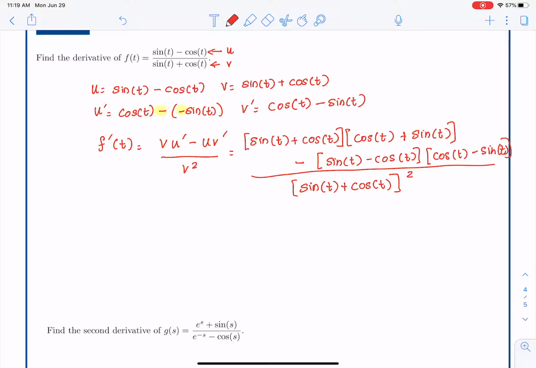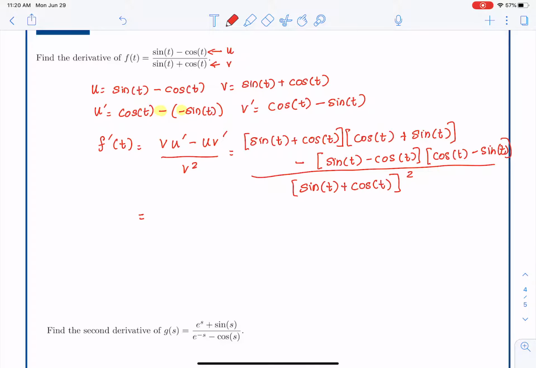Do not leave it as is. Let's see if we can simplify this. Again, if you have to take the second derivative, and if you started here, you're going to make it hard on yourself. So let's see if we could simplify first.